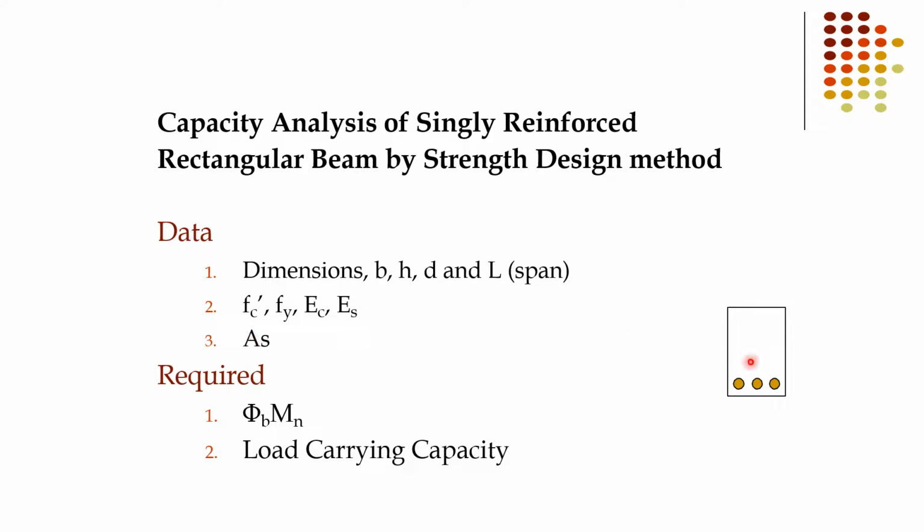Area of steel will also be given. We have to calculate the capacity, how much moment this type of beam can take. Okay, these are the requirements. After inputting the data, we have to calculate the moment capacity or the load carrying capacity.